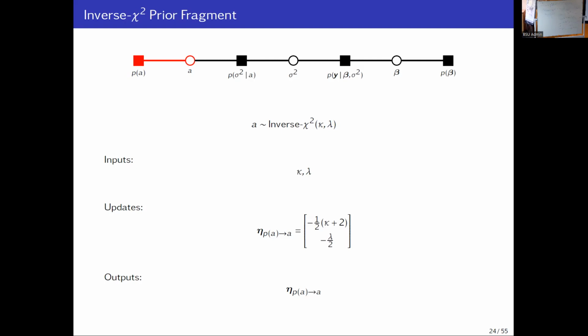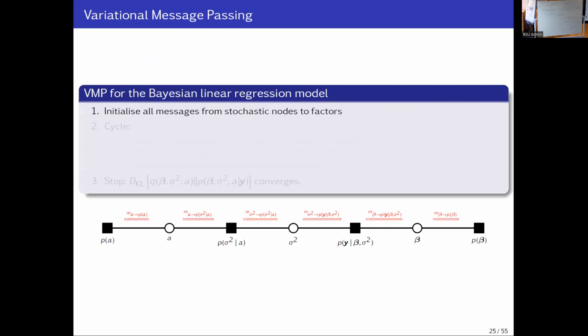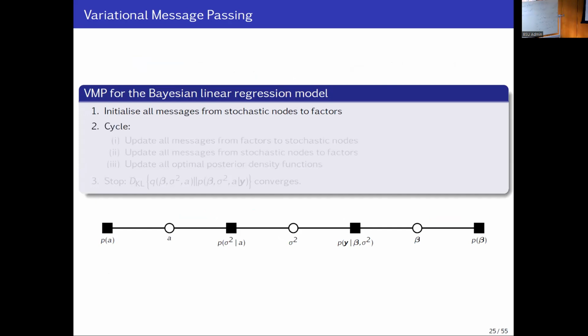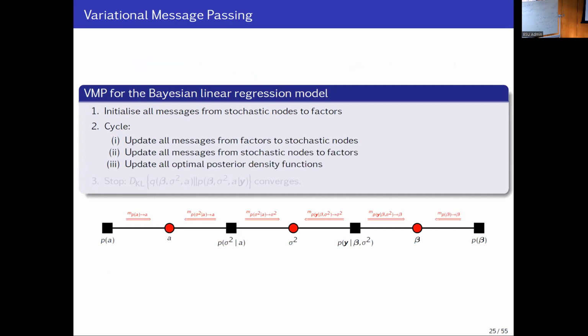So you might be thinking at this point, what's the point of this? By the way, this is just the general algorithm that you would use. You initialize messages from stochastic nodes and parameters. Think of them as the same thing, because they are. Then we update our messages from factors to parameters. We go through a cycle where we update all these messages, and then we monitor the ELBO in practice for convergence.